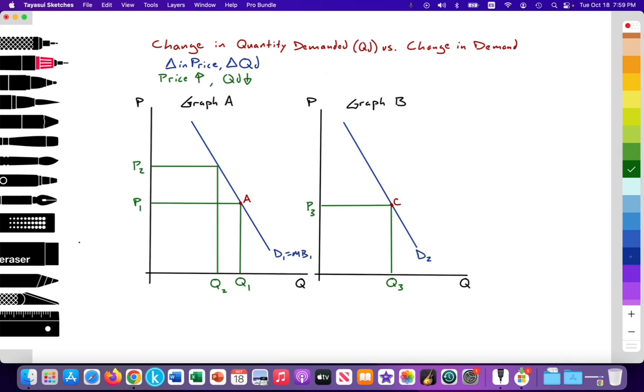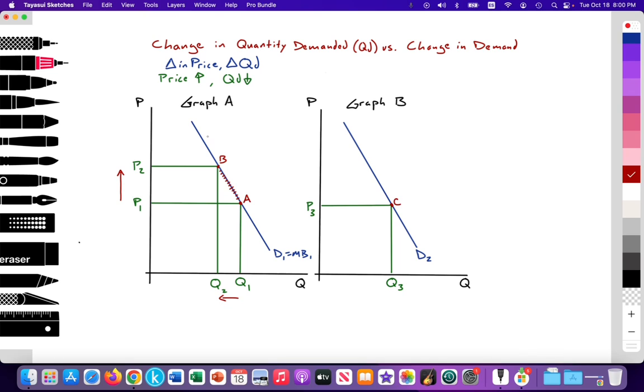So that is a movement along the demand curve from point A to point B. That increase in price leads to a reduction in the quantity of demand along the demand curve from point A to point B, or from Q1 to Q2. Price rising, which is the independent variable, leads to the dependent variable of quantity decreasing from Q1 to Q2.